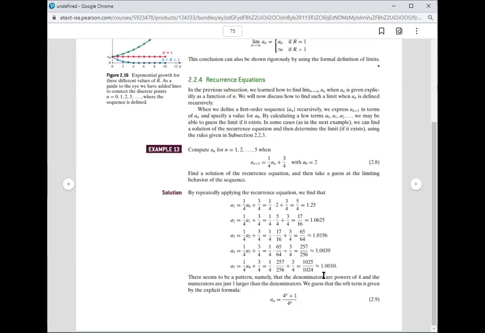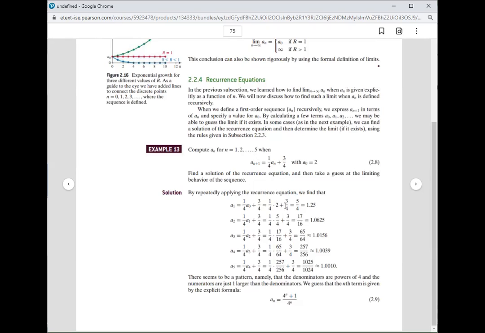like 4 to the power of n plus 1 divided by 4 to the power of n. If you want to combine this, you can combine this too, right?